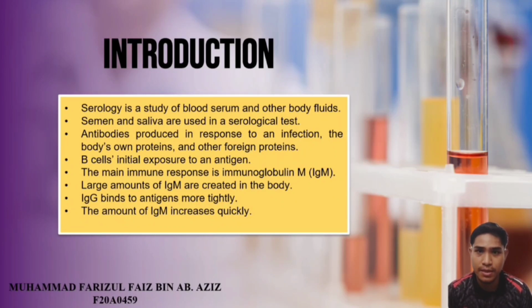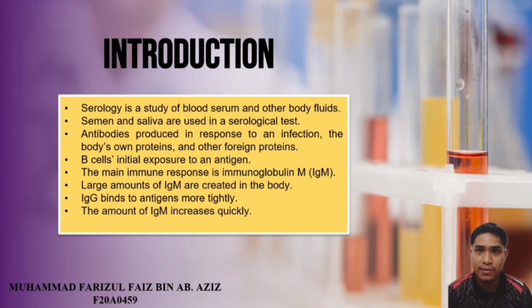Next, a B cell's initial exposure to an antigen triggers a basic immunological response. The generation of antibodies that can bind directly to the antigen is stimulated when the antigen binds to the surface of the B cell. There is a temporary lag in the body's ability to combat the invasive antigens, since this first identification phase requires time for antibody production.